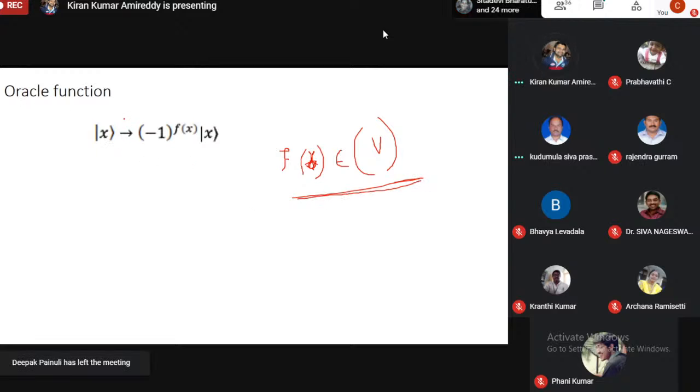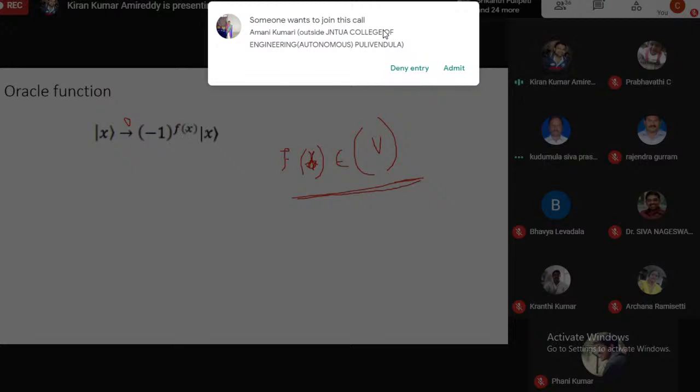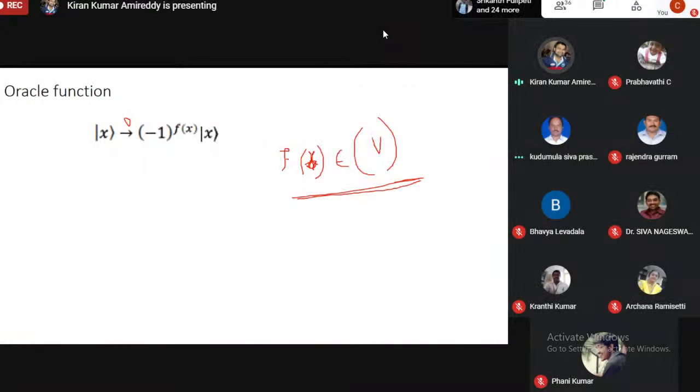So if it is function O, and we operate on the qubit x, it will take minus 1 to the power of f of x. This is the given function f of x. In the entire domain, it will apply. It will continue in the given range, in the given set, or whatever basis it is dealing with.